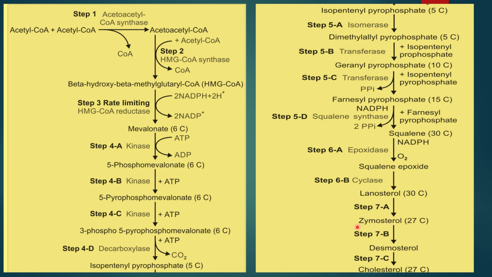Finally, it is converted into zymosterol, which is 27 carbon. From zymosterol to desmosterol, that is also a 27 carbon containing intermediate. And further, in step 7C, it is finally converted into cholesterol. So these are the 7 major steps of cholesterol synthesis.